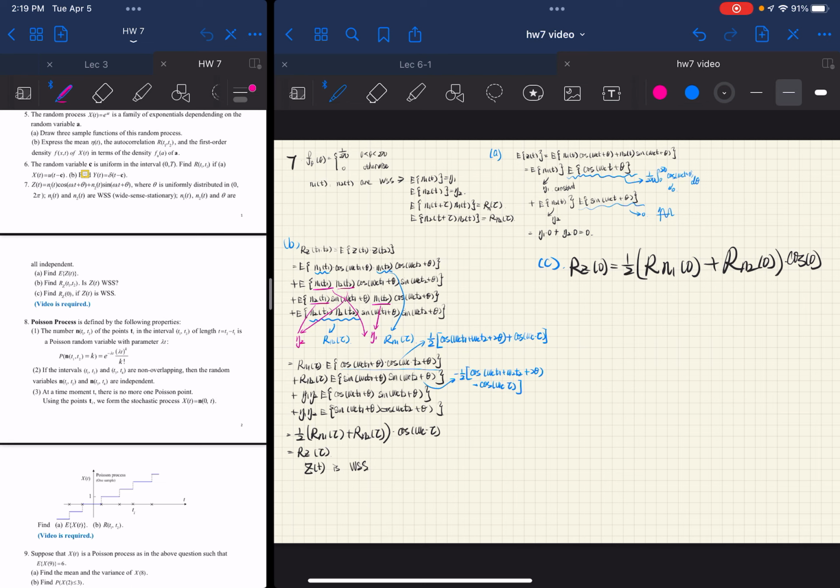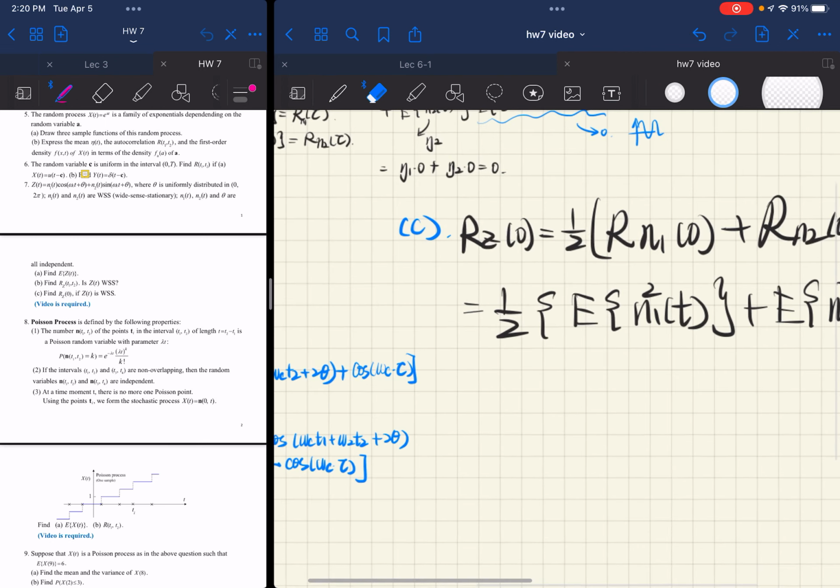And since t1 equals t2, it is equal to the expectation of n1(t) squared plus the expectation of the square of n2(t). And this is our answer.